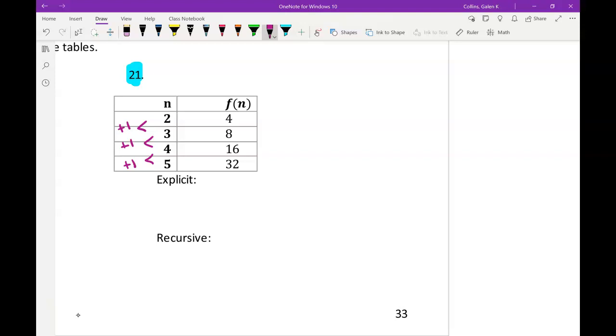I notice that my outputs, my y values, because remember this is like x and y, my outputs are doubling. So I've got to check a couple points. I might first be like, oh, we're adding 4. But 8 plus 4 is not 16. However, 8 times 2 is 16. 16 times 2 is 32. So that tells me that this function is exponential.